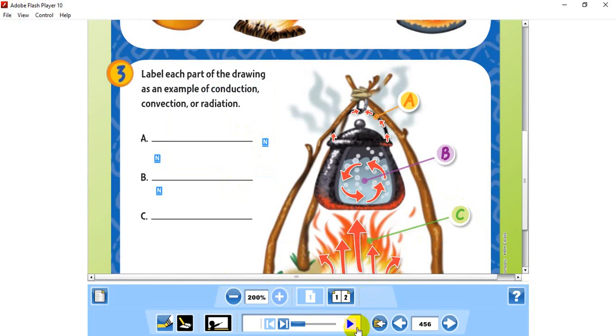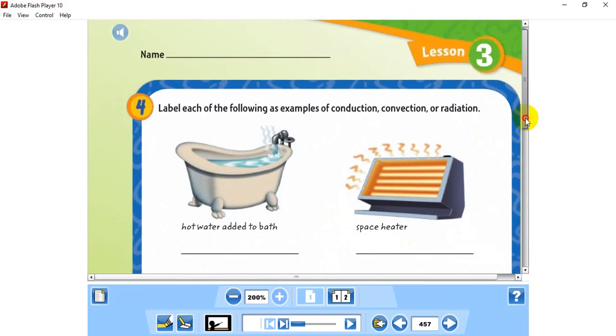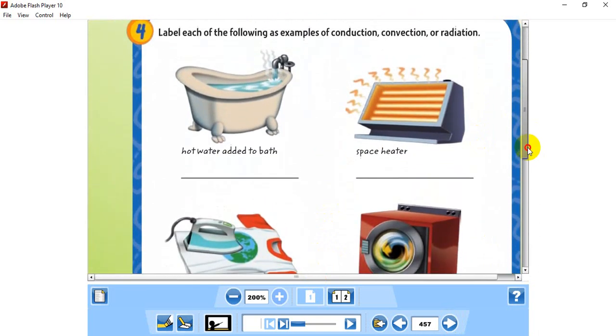Let's go to the next page now. Here, page 457. Here they're asking you to label each of the following examples. So you have to write here the scientific heat term for each image.